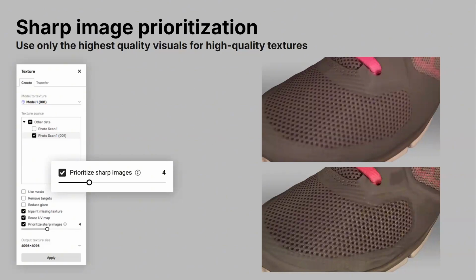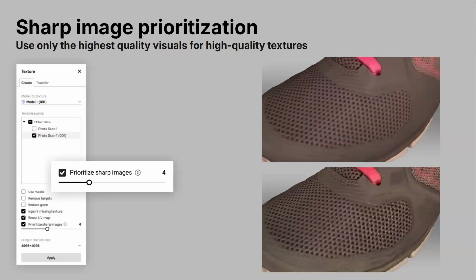One more thing that I would like to mention about this setting is that you shouldn't really use it if you have a really limited amount of photos. If you don't have enough photos, let's say, just a random number, if you have 30 photos for your whole object, even if it's small, then it's better to keep this option off.